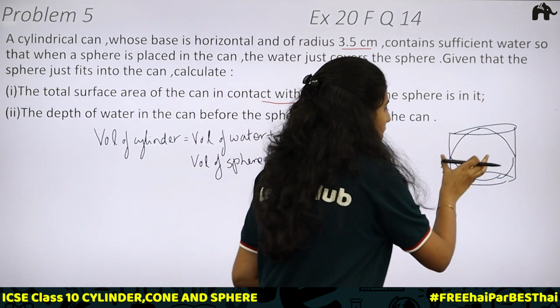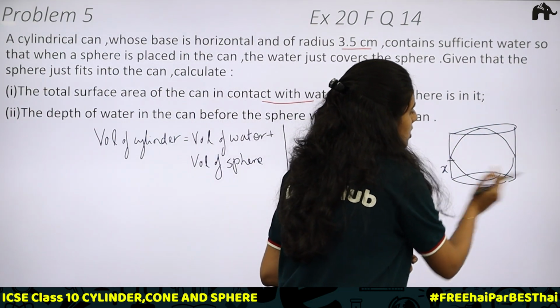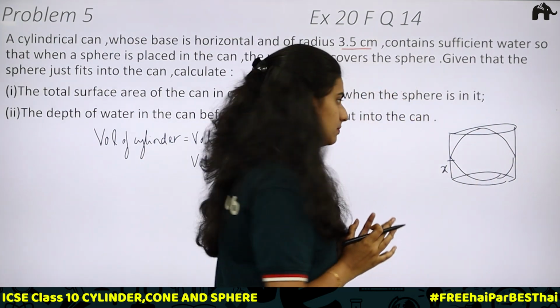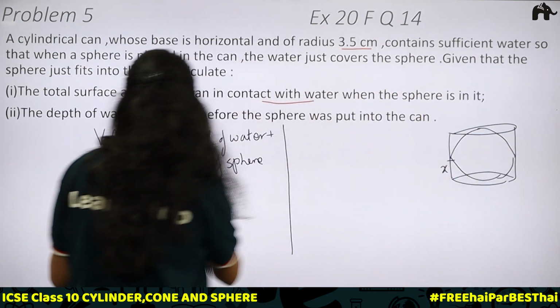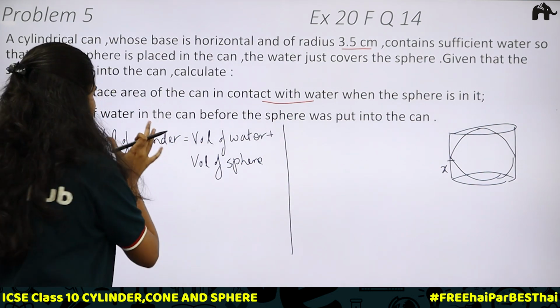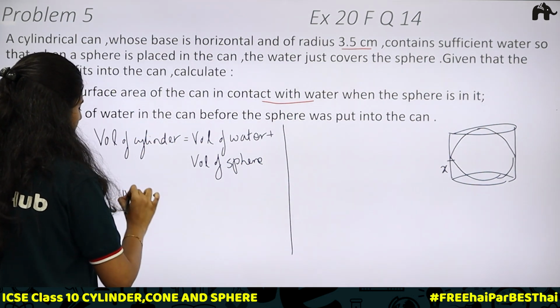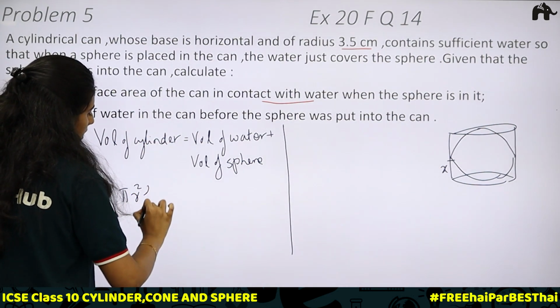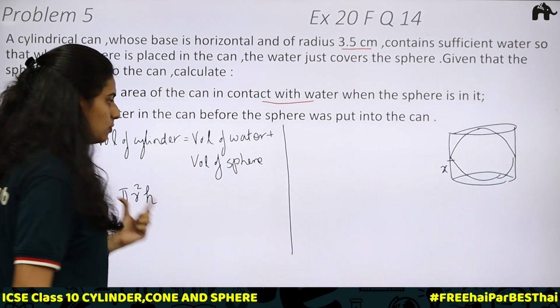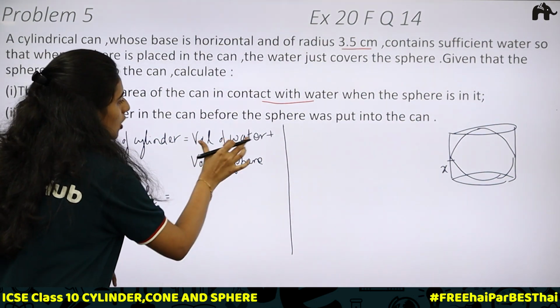So to get the volume of water, we consider the shape of the cylinder. What is the volume of a cylinder? Pi r square h. Next is the volume of water.